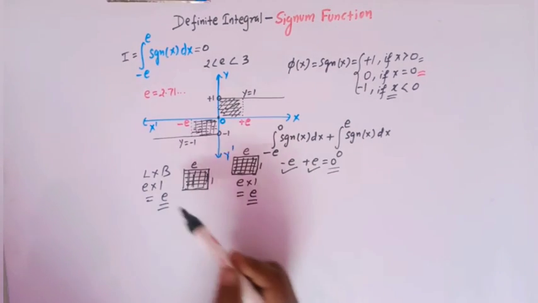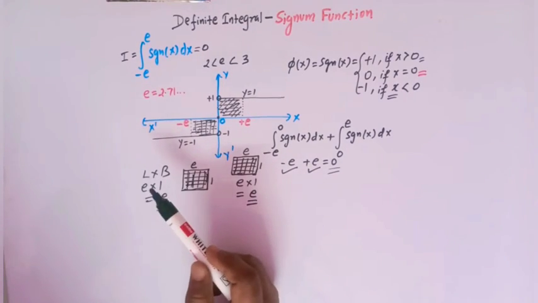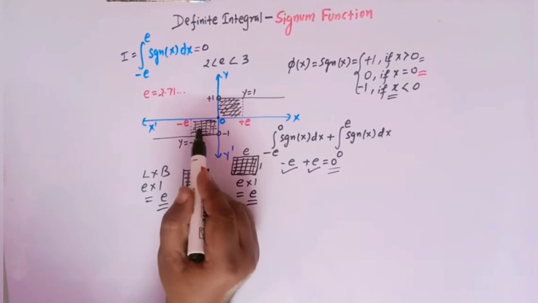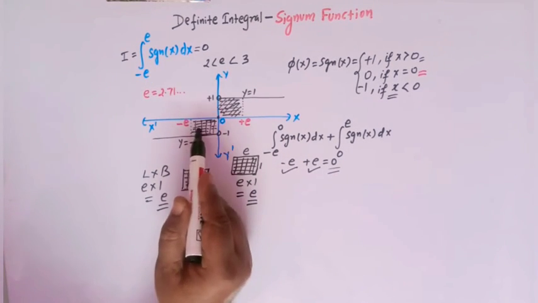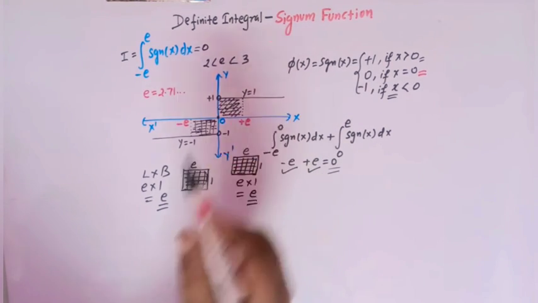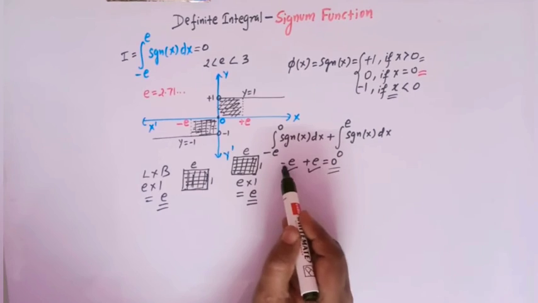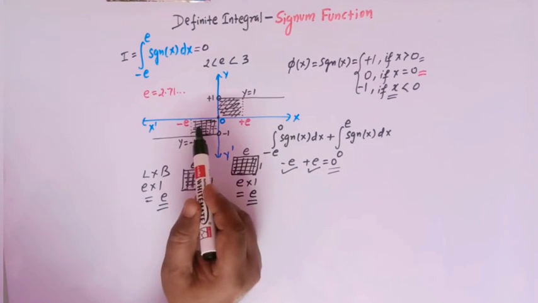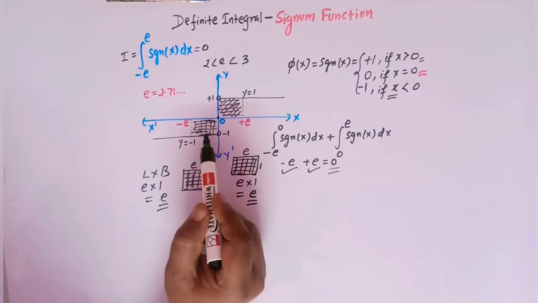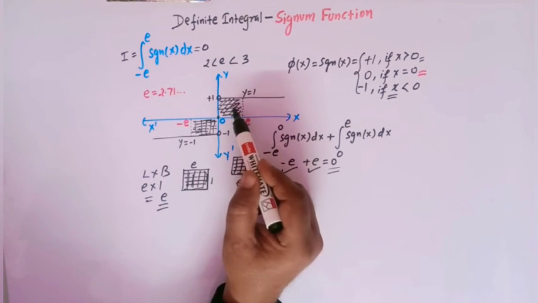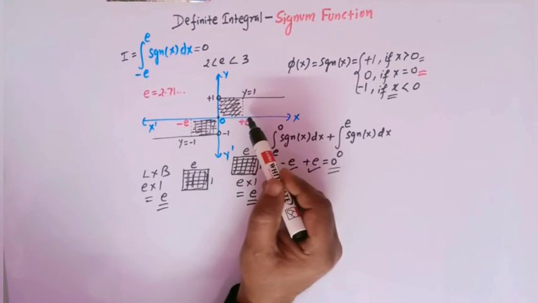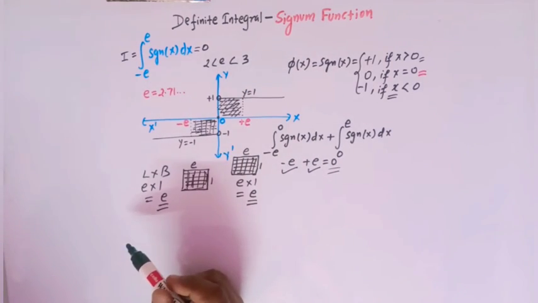So this is the geometrical interpretation of this integral, right? This area is minus e, and the area of this rectangle is positive e. The negative area is due to the fact that this rectangle lies below the x-axis, and the positive area is due to the fact that this rectangle lies above the x-axis.